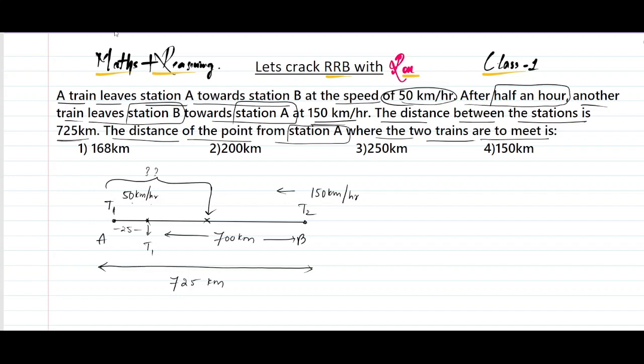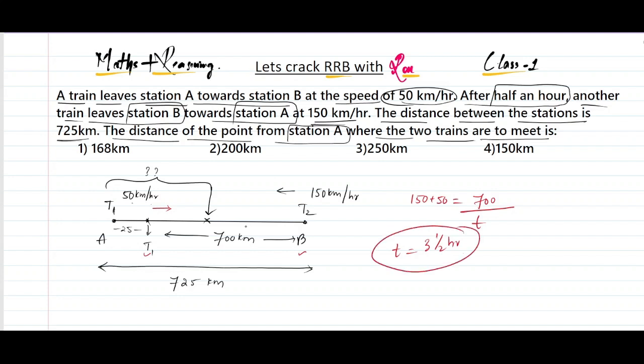Easy, right? See, here we have T1, here we have T2, and both are traveling in opposite direction. Relative speed is the sum, so 150 plus 50 equals 200, which equals the distance between them, 700 kilometers, divided by T. So T equals 700 by 200, which is 3.5 hours.